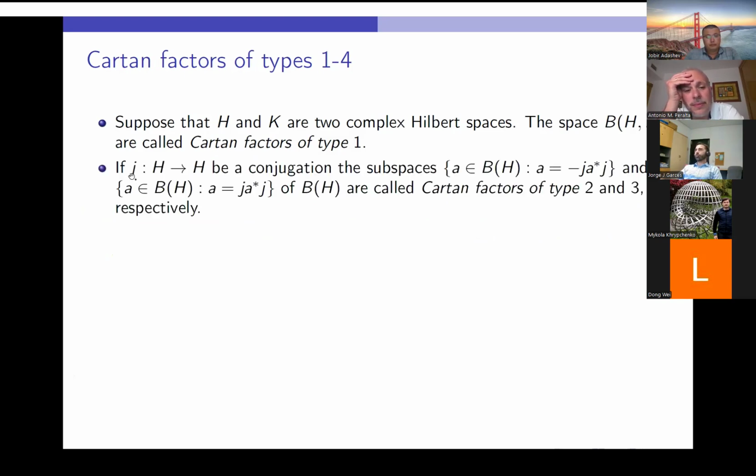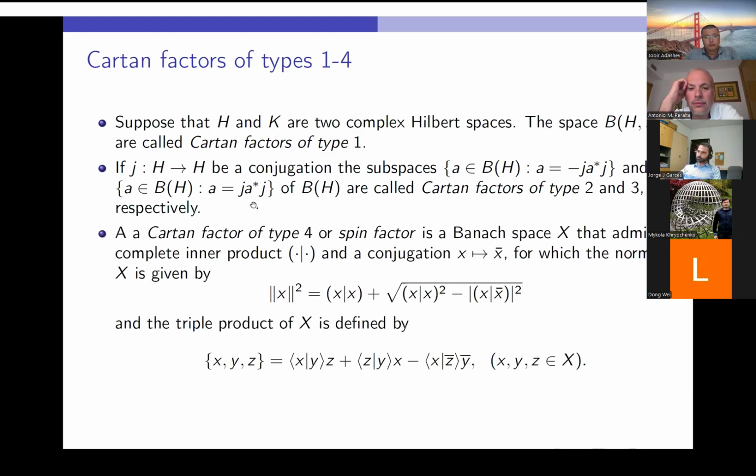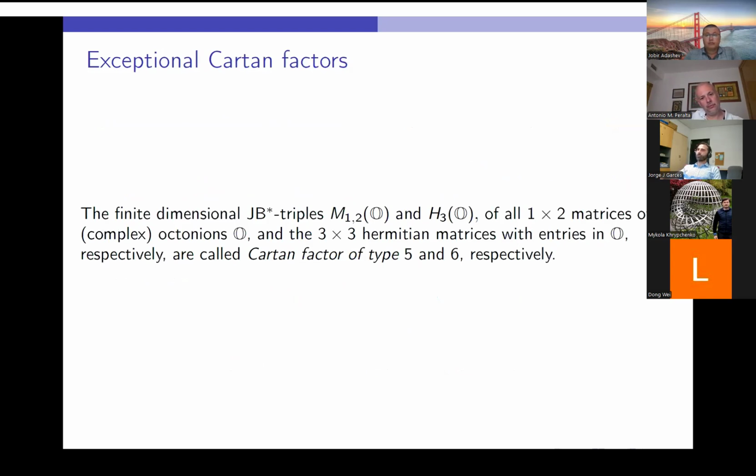We have the type 2 and 3 Cartan factors, which are some subspaces of B(H). Okay, we have the spin factors, which are this kind of J*-triples, and we have also the type 4 and 6 Cartan factors, which are also called the exceptional Cartan factors because their product is not special, right? So these are, as I said, the building blocks of atomic J*-triples.